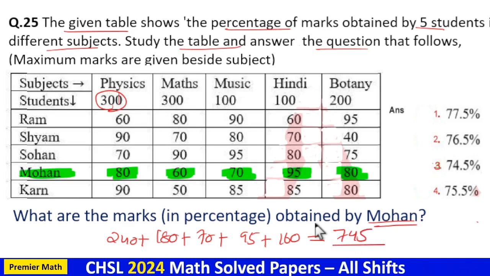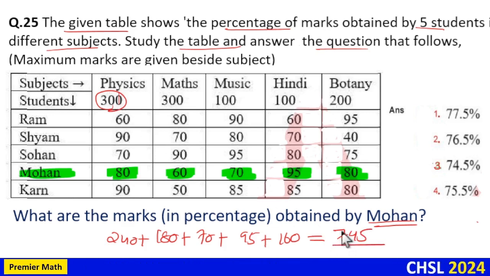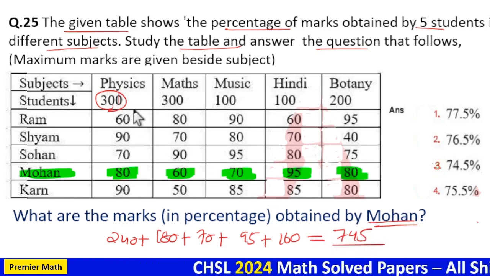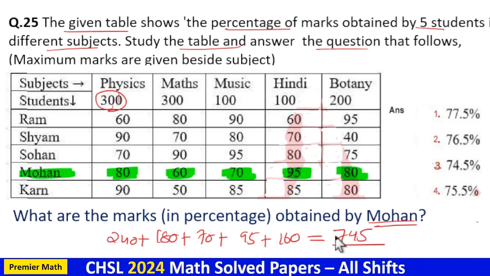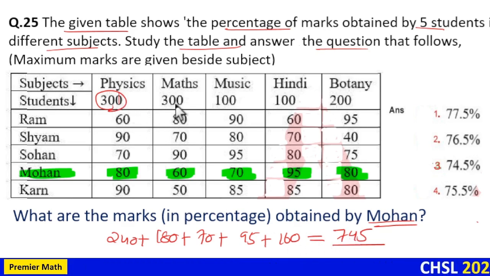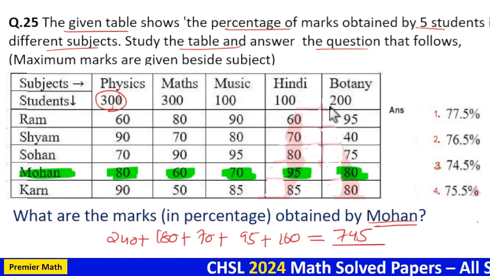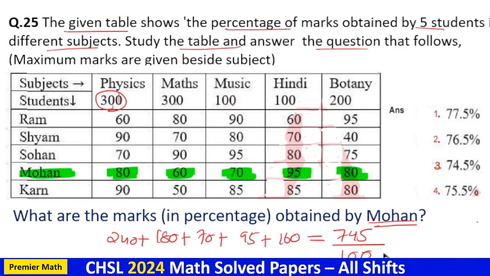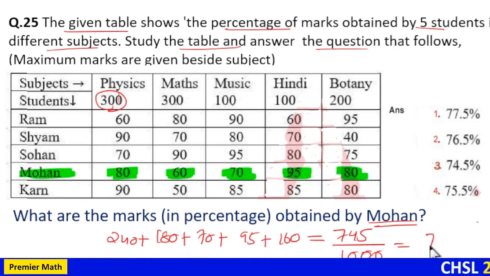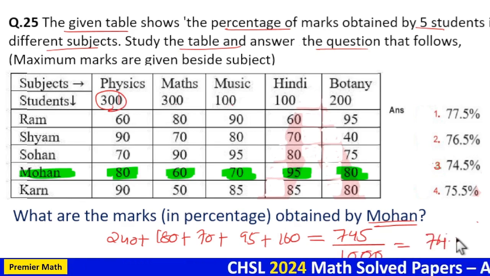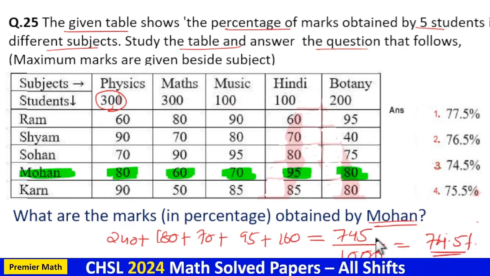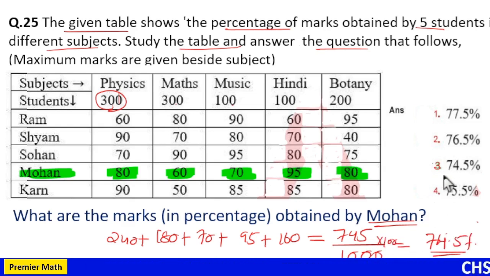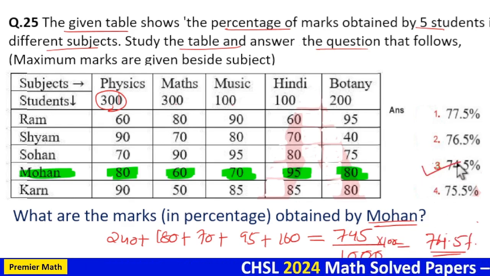So he got 745 marks out of 300 plus 300 plus 100 plus 100 plus 200, 1000, which means percentage is equal to 74.5 percentage. Option 3 is your answer.